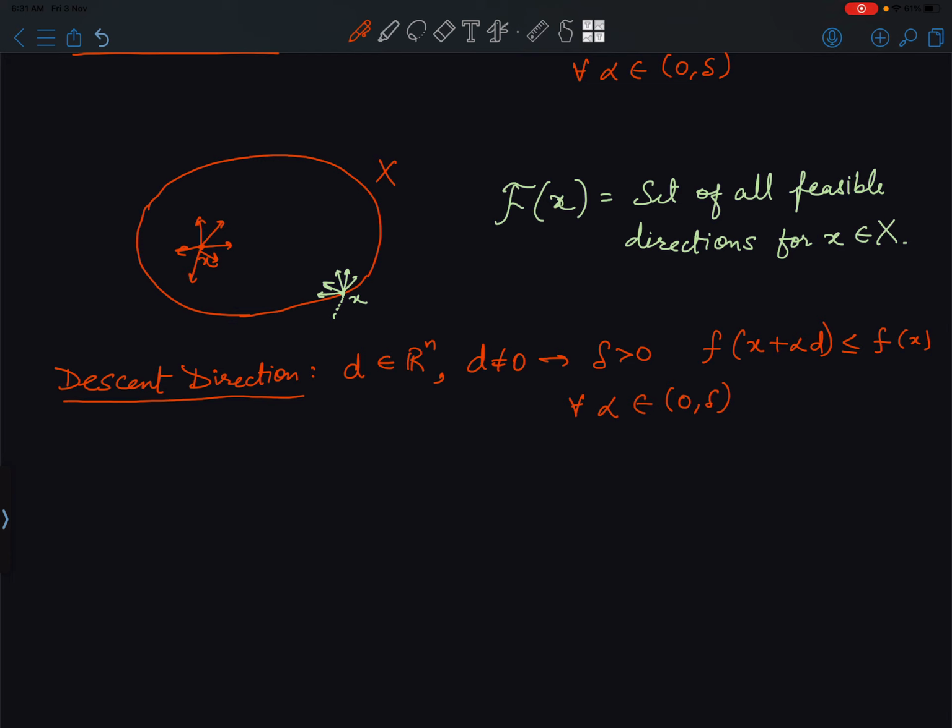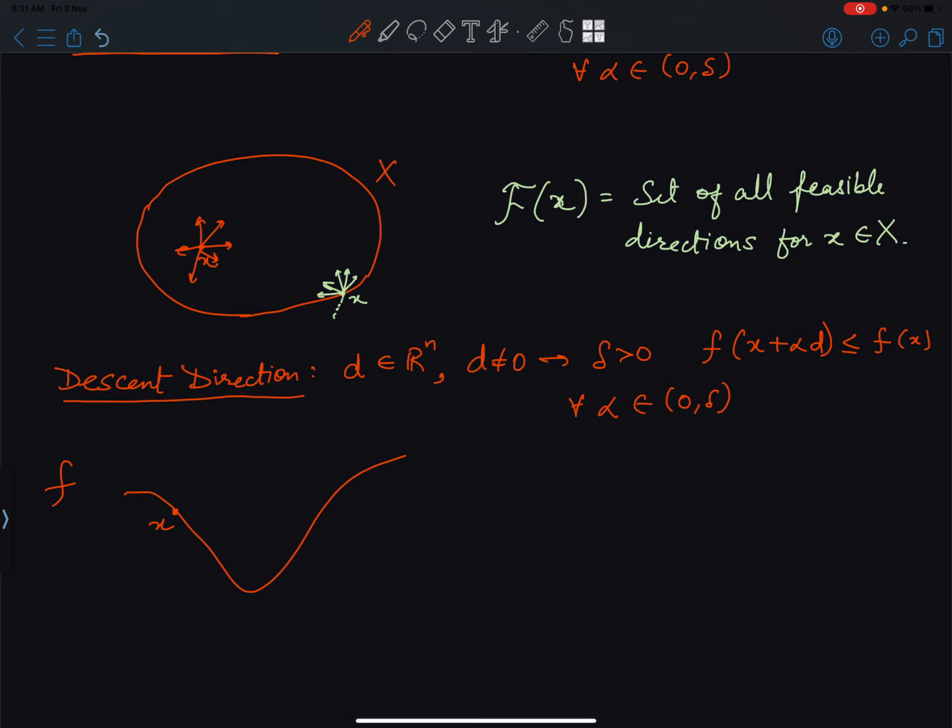So this means that suppose this is my function f, right? And if I am at this particular point x, and I move in a direction which decreases the value of my function f, that will be a descent direction.